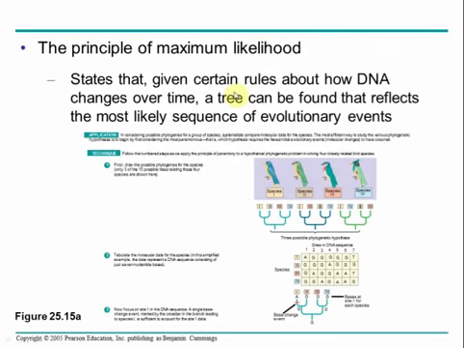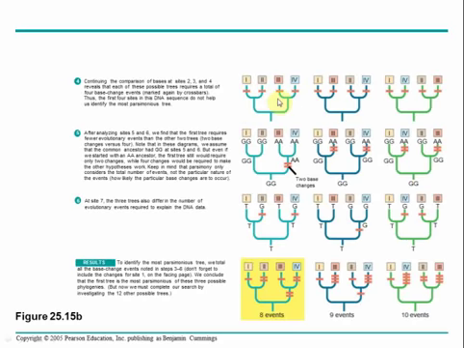So maximum likelihood basically uses certain rules about how DNA changes over time. You use the one that reflects the most likely sequence of evolutionary events. Here we see species 1 through 4 of these different birds, and using the data, there's all different kinds of possibilities where you notice a comparison of the number of DNA changes to create these different branch points.